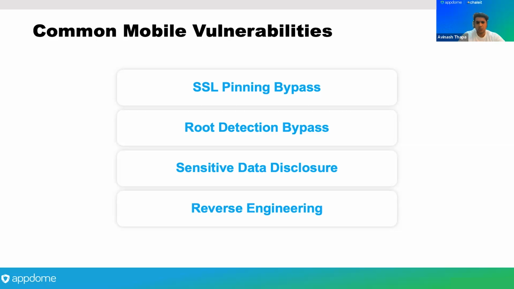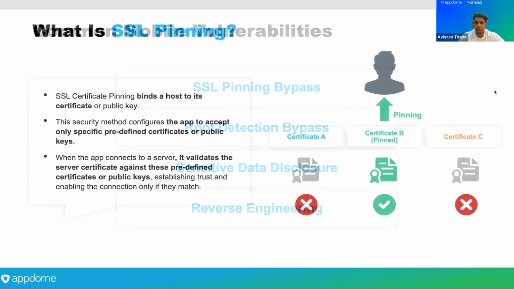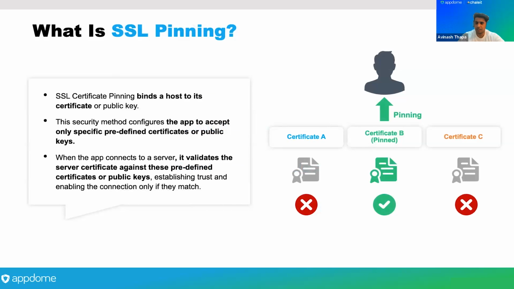So let's start with some of the definitions and the impact of vulnerabilities such as SSL pinning. So in SSL pinning, what happens? Let's talk about, first of all, what SSL pinning is all about. It's a technique used by mobile applications to mitigate the risk of man-in-the-middle attacks.